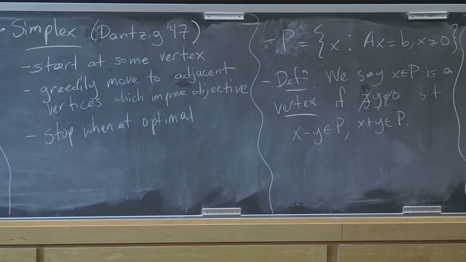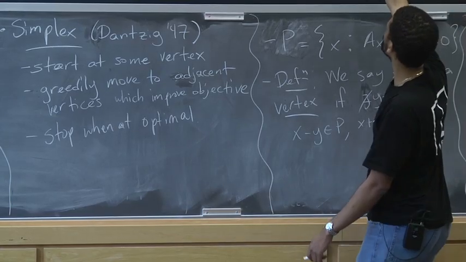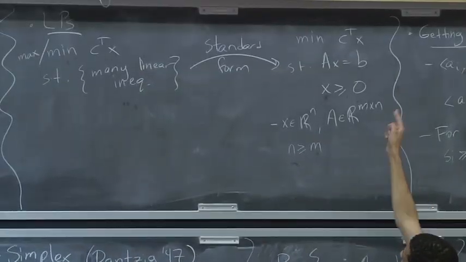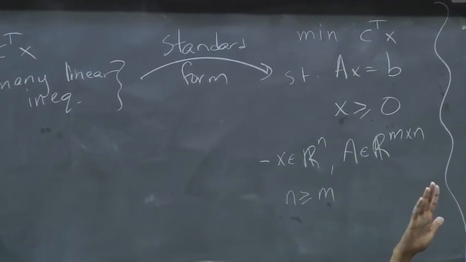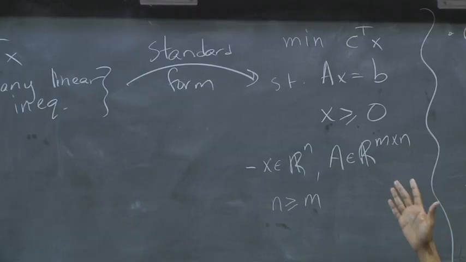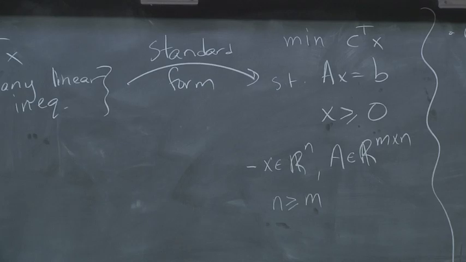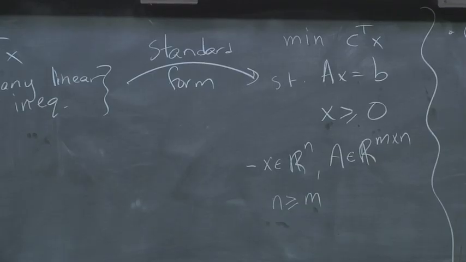If you assume that all the entries in A, b and c are bounded precision integers, say they all take some number of bits b, then you can bound the number of bits necessary to write down a vertex. To write down a vertex, you take some submatrix of A and solve a linear system, and in terms of the precision of the input bits, you can bound how many bits are needed.